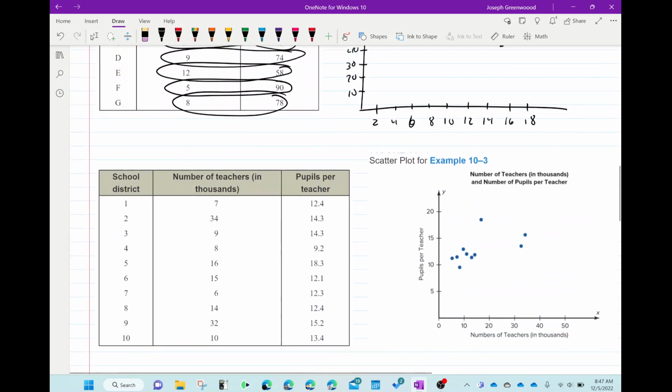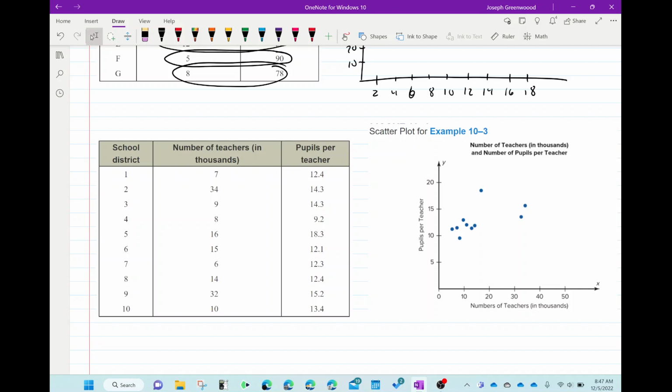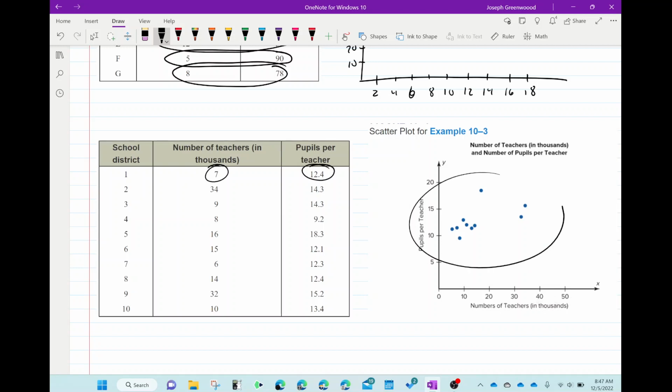Okay, well, one more example here, and it is number of teachers in thousands and pupils per teacher. And so school district number 1, they have 7,000 teachers, and they average 12.4 students per teacher. And so we put that dot on the scatter plot over here.